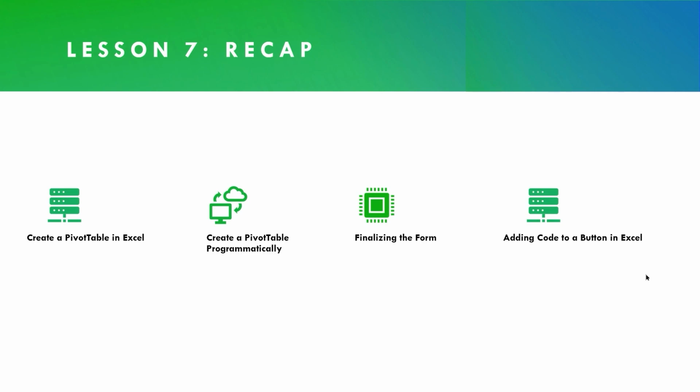Then we went into Visual Basic for applications, and we created a pivot table programmatically, we had to create the pivot cache object first, and then we could tell it to create the pivot table. And we can do that in the same procedure, but we had to do a separate procedure to set the fields for the pivot table, just like we had to create two separate macro recordings, one for the framework of the pivot table and one to set the fields.